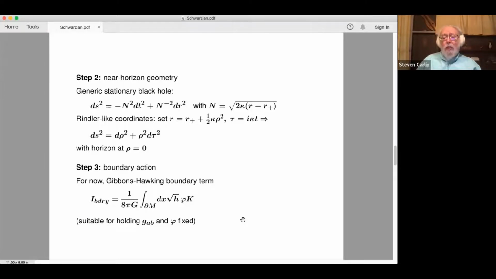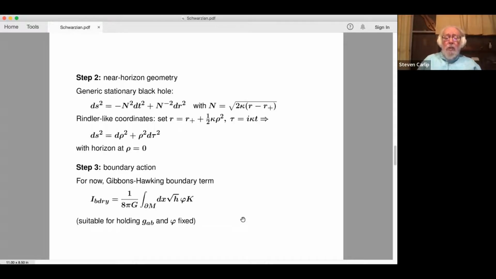In fact, that's one of the standard ways of deriving the temperature, by using this metric and observing that the Green's functions have this periodicity. And so you get something that looks like flat space in the Euclidean continuation with the horizon at the origin at rho equals 0.